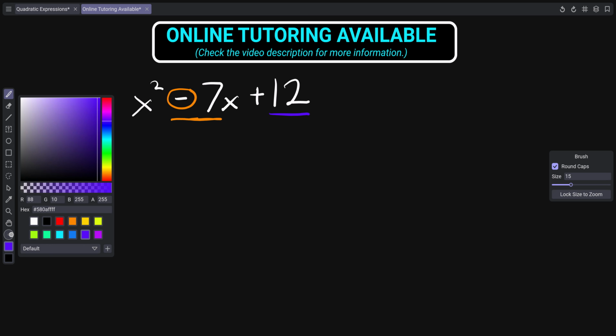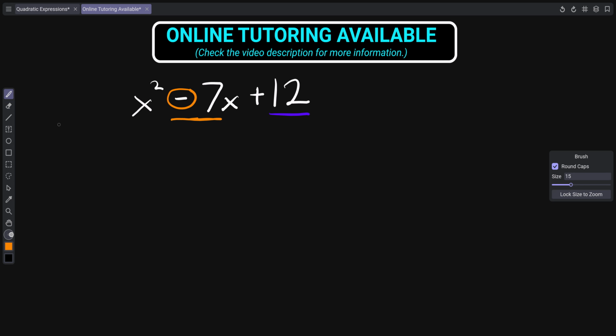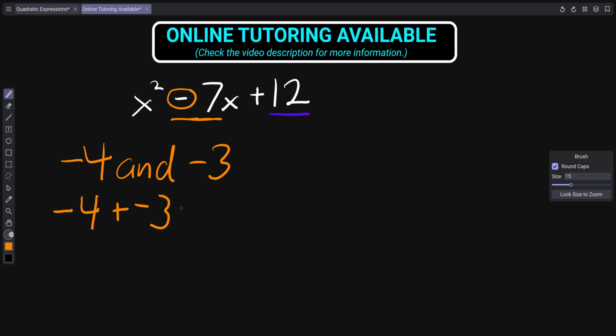Well, let's look at the addition first. And remember, when you're adding negative numbers like this, you're really subtracting. In this case, you would choose negative 4 and negative 3, because if you take a negative 4 and you add negative 3 to it, this is just going to become subtraction. So you have negative 4 minus 3, which will give you negative 7.